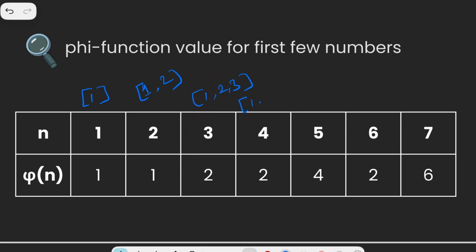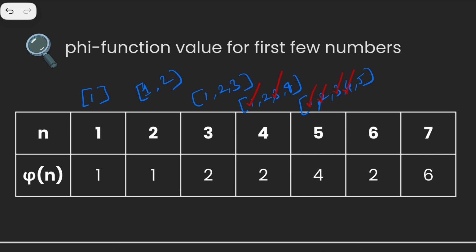After that we have 4. 1, 2, 3 and 4. Now 4 is co-prime with 1 and it's co-prime with 3. That's why the value is 2. Again, for 5 we have 1, 2, 3, 4 and 5. Now 5 is co-prime with 1, it's co-prime with 2, it's co-prime with 3, also it is co-prime with 4.